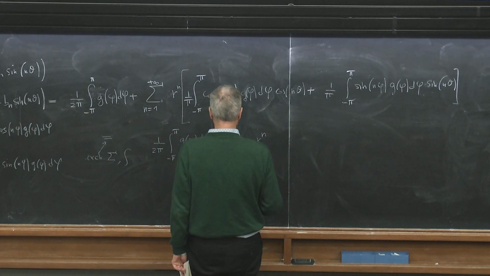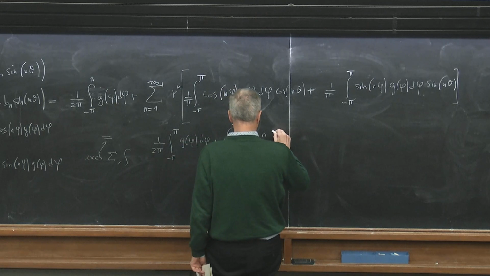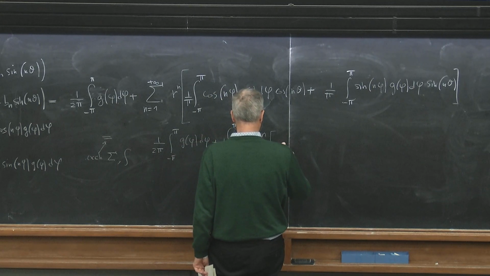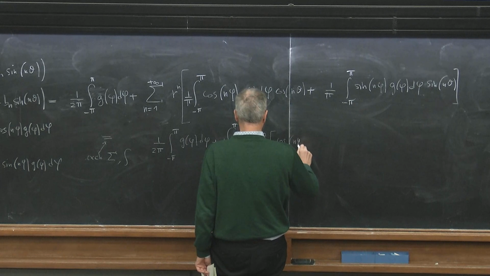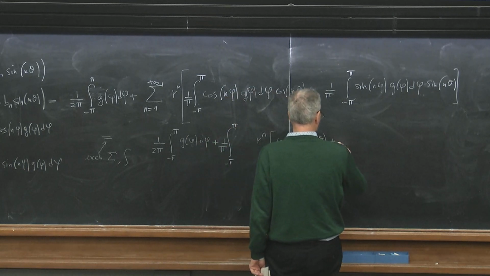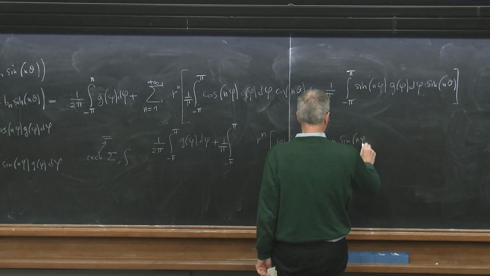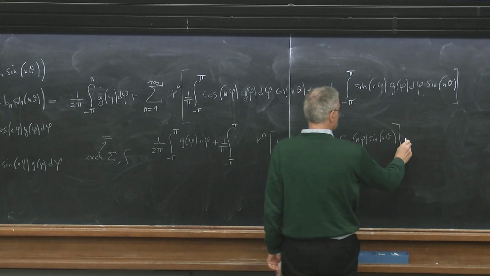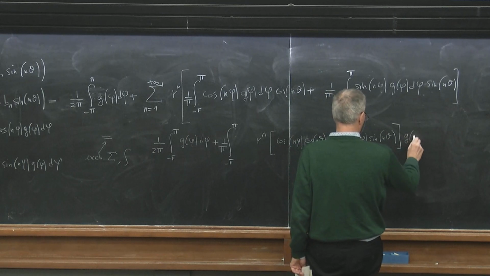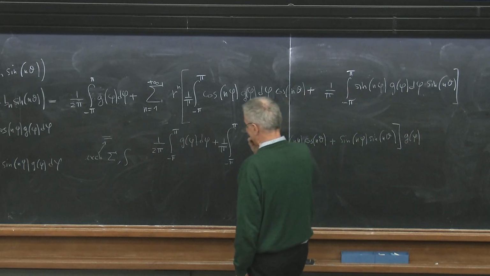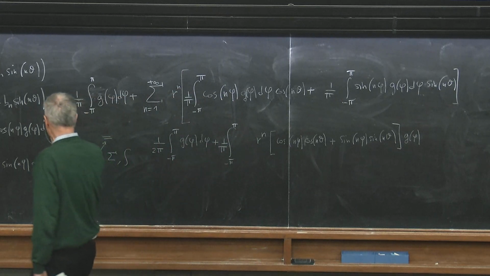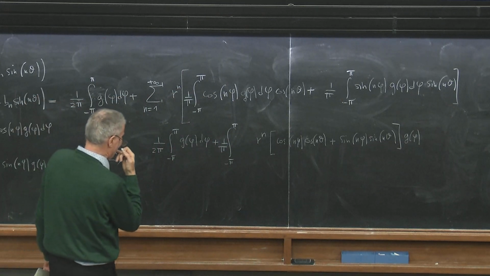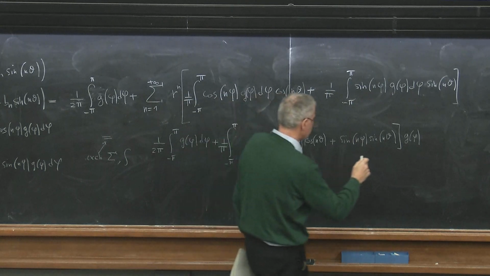We have r to the n, we have cosine n theta plus sine n theta, times g of phi, d phi.